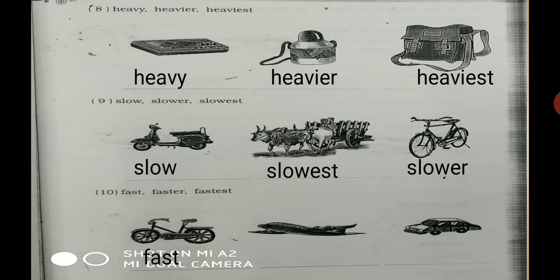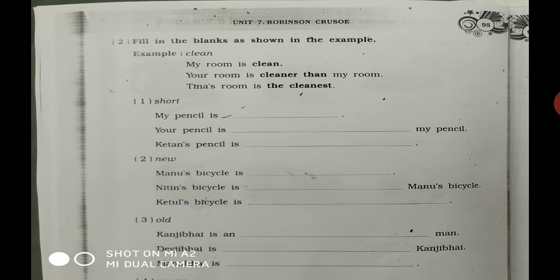Aeroplane is fastest, car is faster, and cycle is fast. Understand? This is the way with the pictures we can identify and compare the different kinds of adjectives.